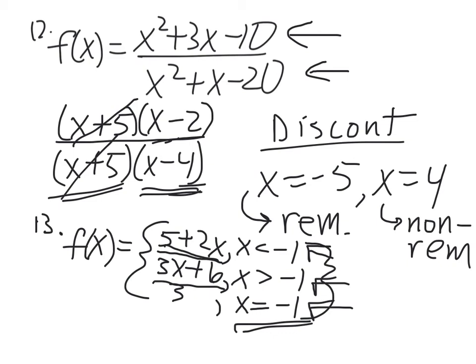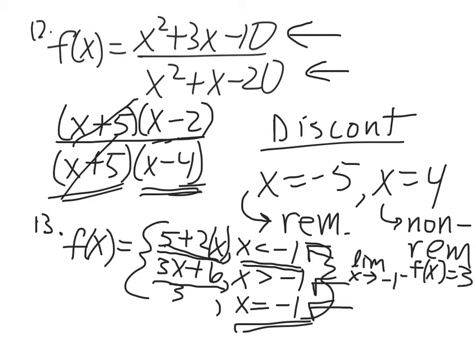Well, approaching -1 from the left, theoretically we need to think of values like -1.1, -1.01, but in practical terms, we can plug -1 in here. What do we get? In technical terms, we can say the limit as x approaches -1 from the left will be 3.